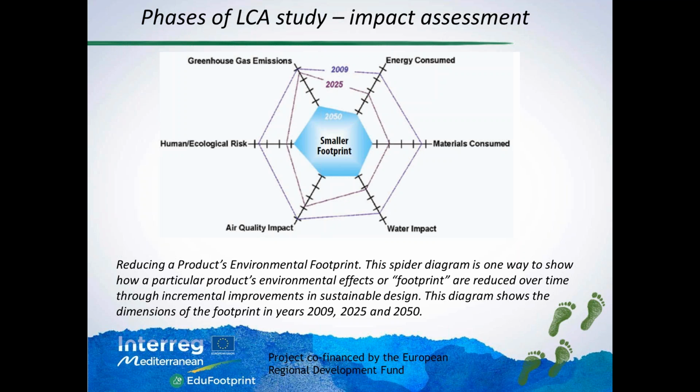For example, this is a diagram called spider diagram, and is one way to show how a particular product's environmental effects or footprint are reduced over time through incremental improvements in sustainable design. So as you can see, this diagram shows the dimensions of the footprint in year 2009, and this is the area.